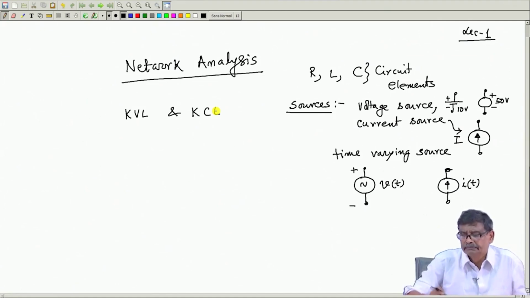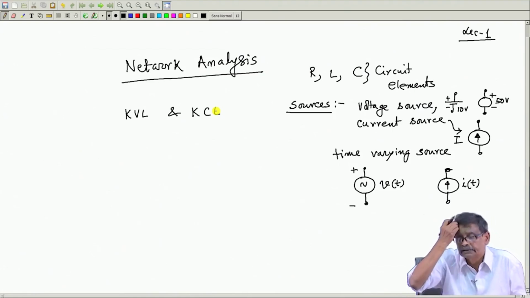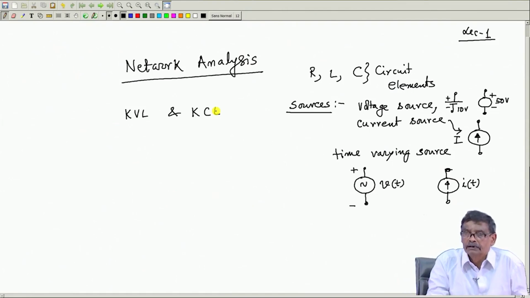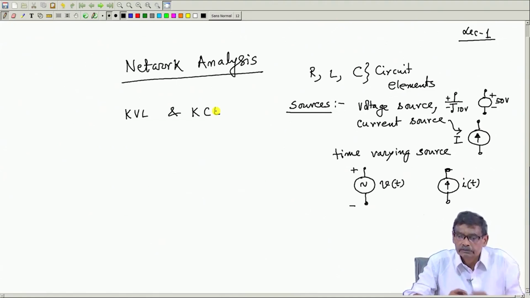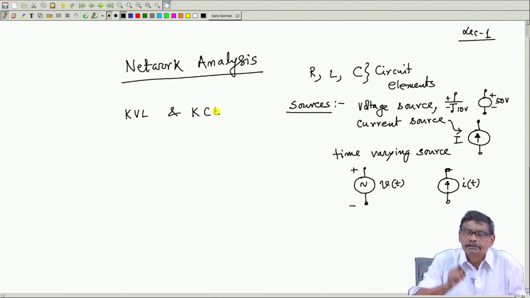This is at center stage to solve any circuit problem. KVL says that in any circuit, the sum of the voltages will add up to 0. Similarly, KCL means Kirchhoff's current law, which states that the sum of the currents at a particular junction of a given circuit will add up to 0.